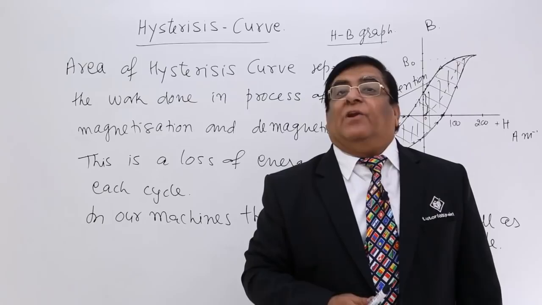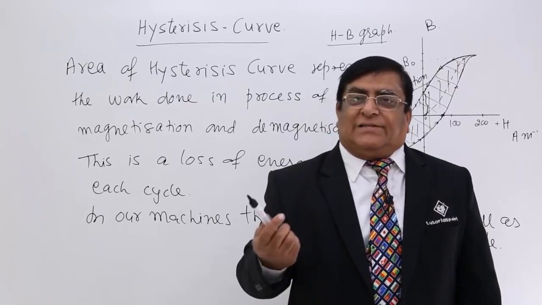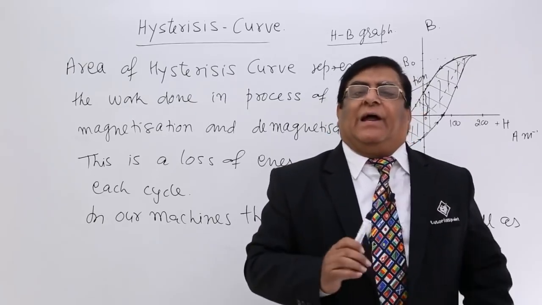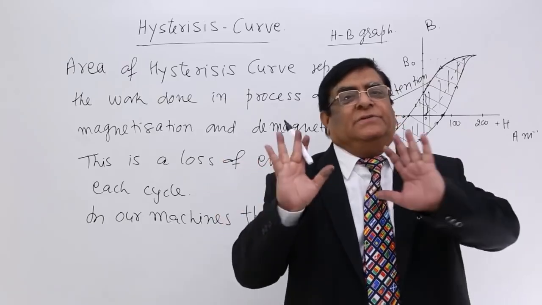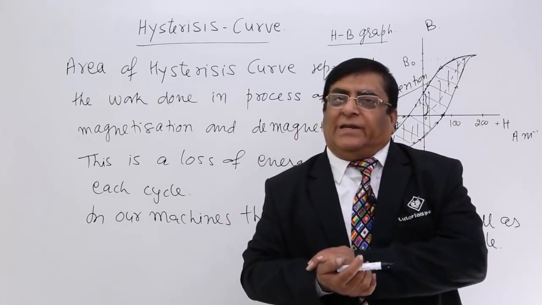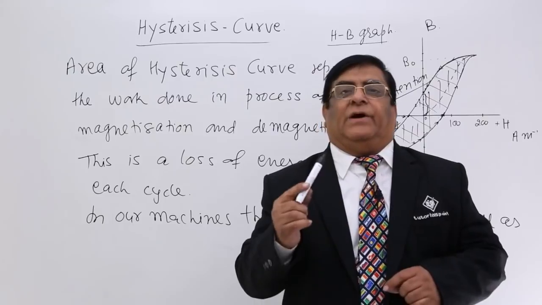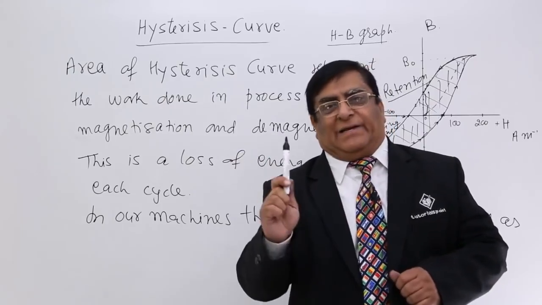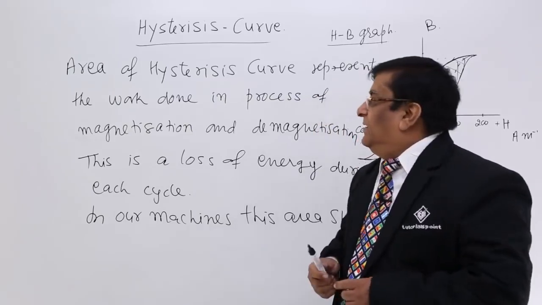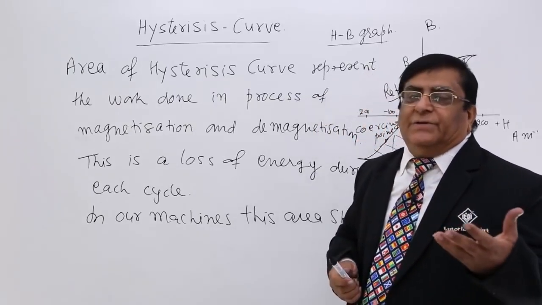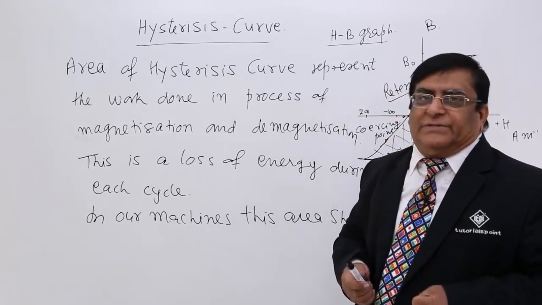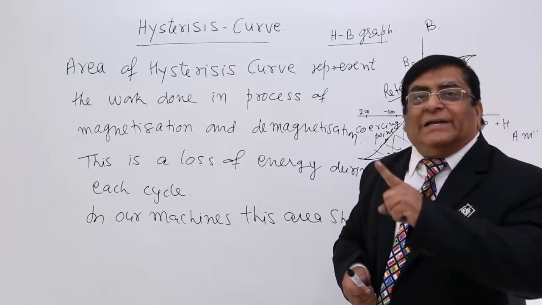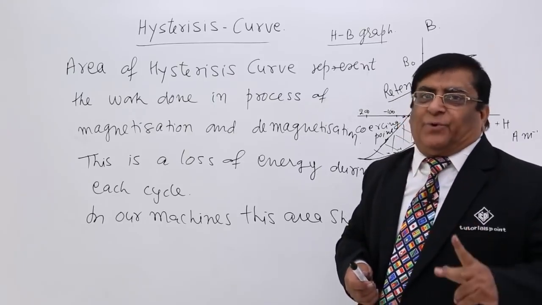Without that, the machines will not work. Motors are there, transformers are there, and all our industry is full of these machines. And in that, every time we are doing magnetization and demagnetization. Okay, so we have to lose energy, that is the demand of the process. But what we want is that the energy loss should be as little as possible.